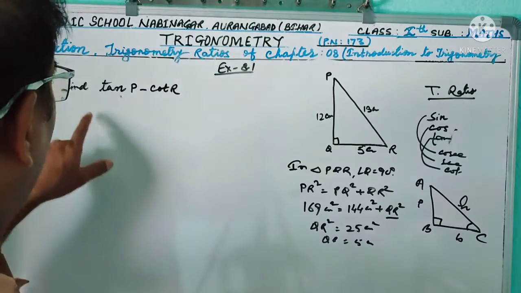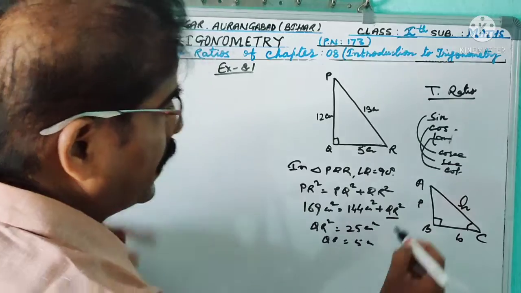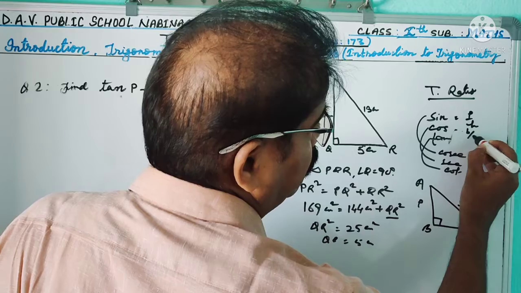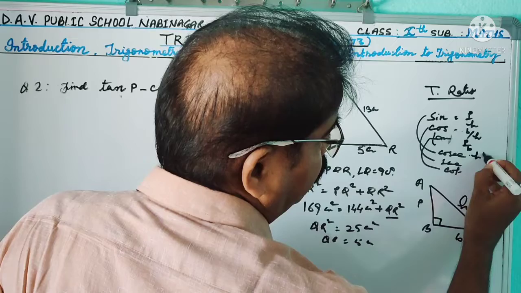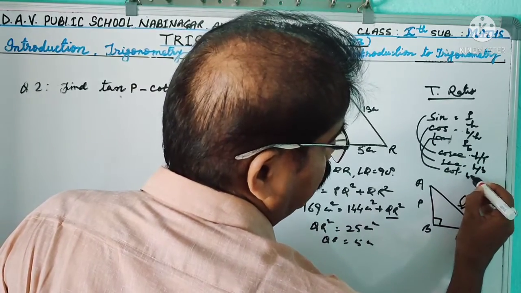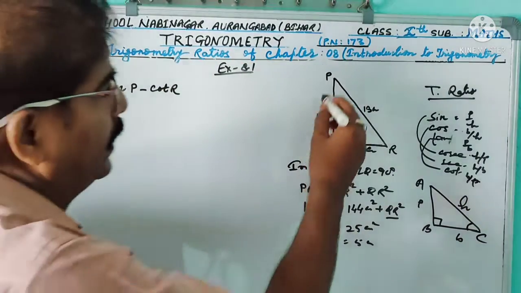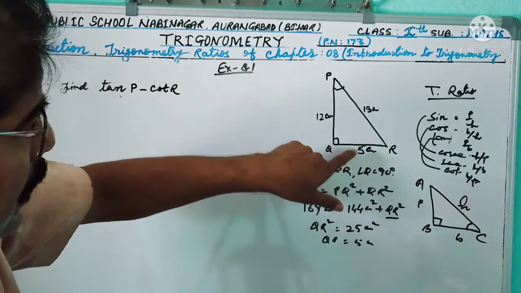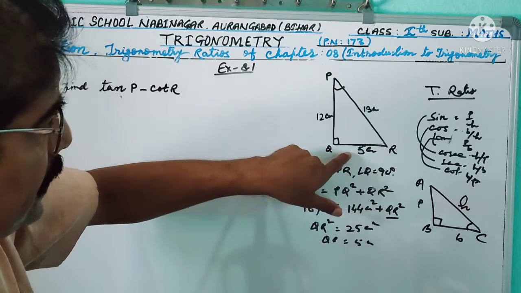Now your question, find tan P. Listen, sine equal to P by H, cos equal to B by H, tan equal to P by B, and cosec H by P, sec H by B, and cot B by P. So tan P, this angle, tan P, that means the side opposite to angle P is QR, perpendicular.